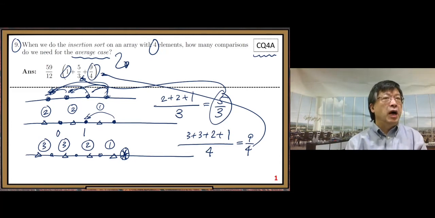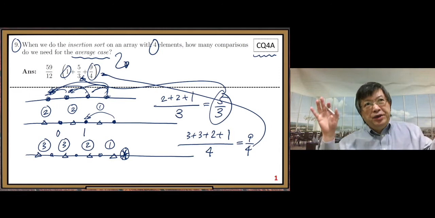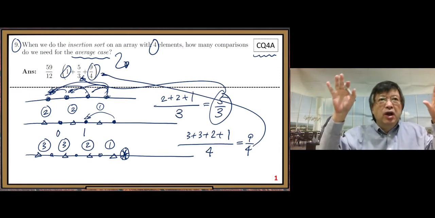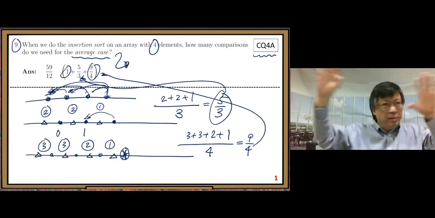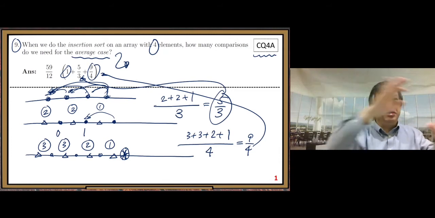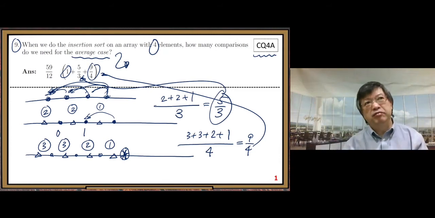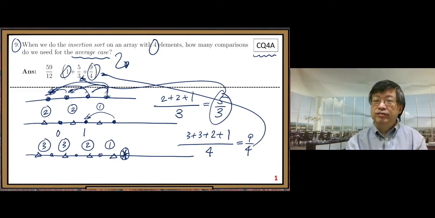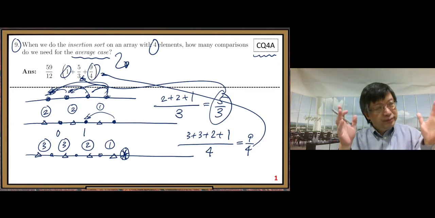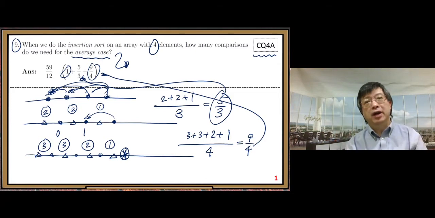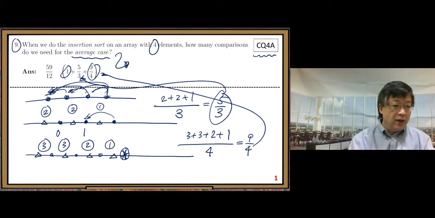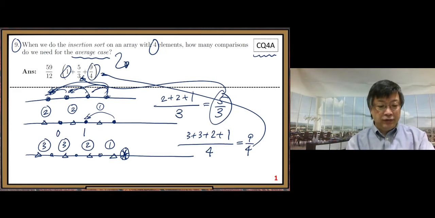You need to consider all the possibilities, each one, and that is very messy. But this way, step by step, we can control it in a nice way. All right, so that is the first question.